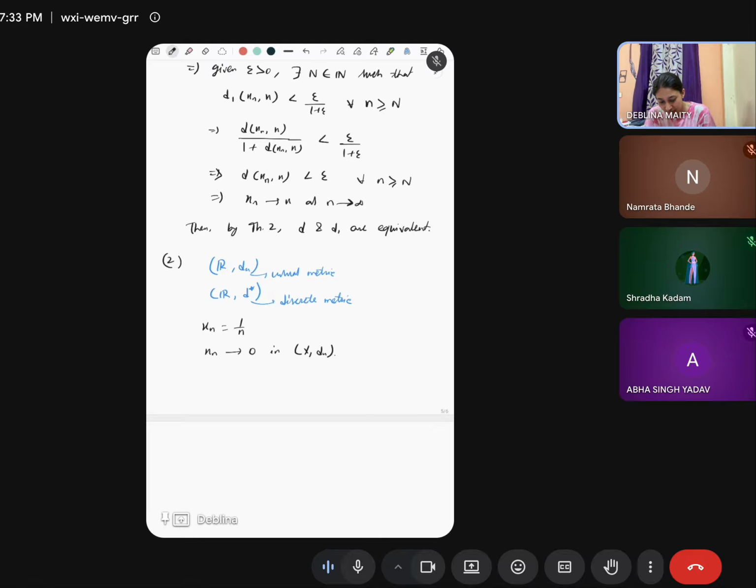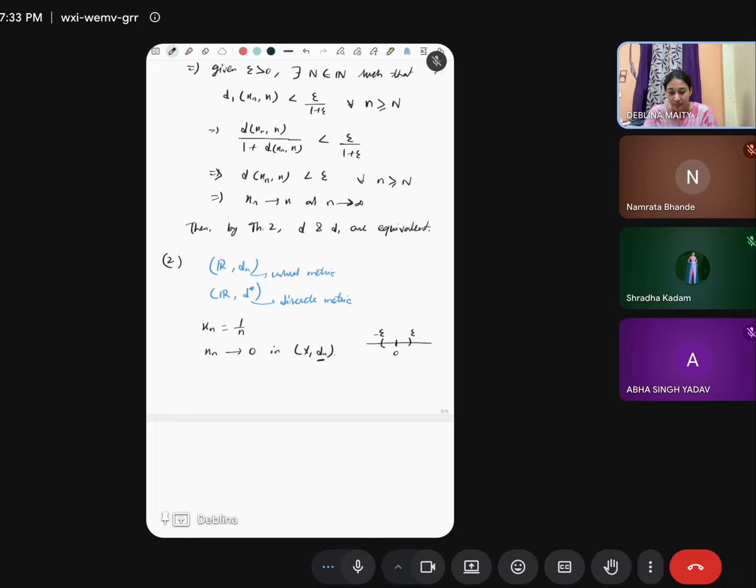See, if xn converges to 0, what does it mean? In the usual metric, a sequence converges to some point means that if we take any open ball, any neighborhood of that point, suppose 0, and I am taking any neighborhood, minus epsilon to plus epsilon.